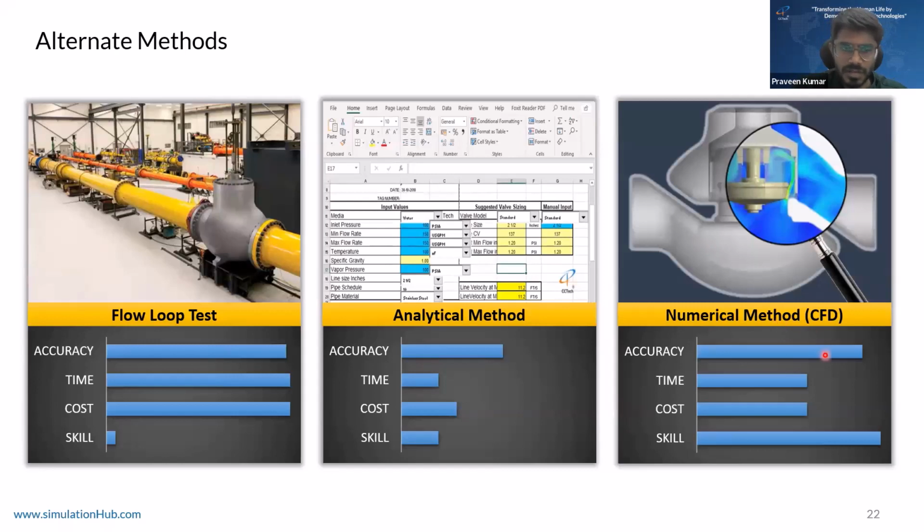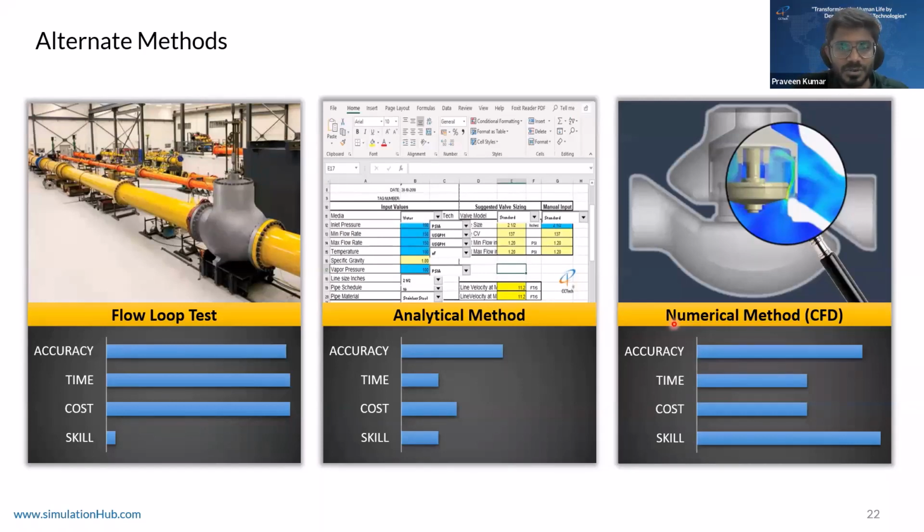The accuracy is pretty close to the flow loop test, and the time and cost involved might be better than flow loop test, but it's still considerable. And the skill set required to perform CFD simulations and use a CFD tool is still high. It's still a nightmare for a designer to extract a CV from a CFD simulation. So we'll address this issue again in the slides.